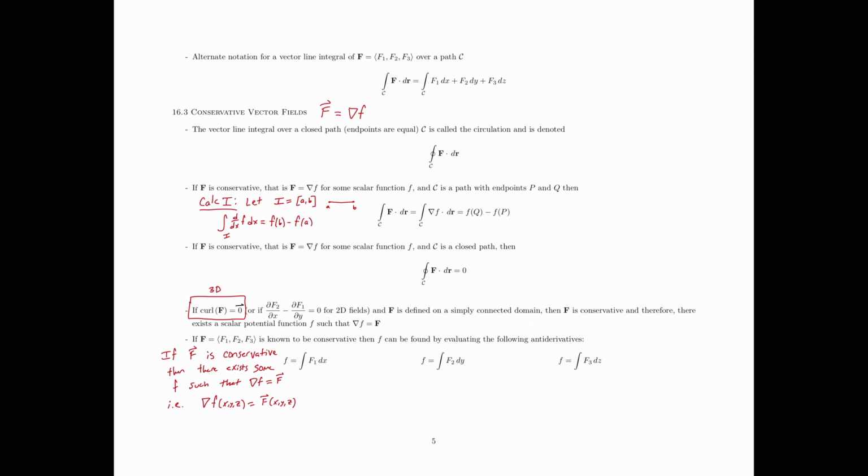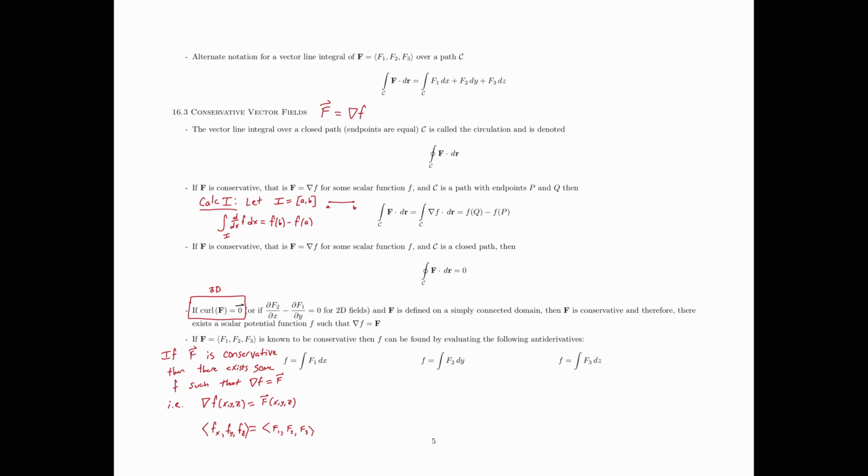So what is the gradient of such a function? Well, let's just continue this equality. Our vector field has components f1, f2, f3, then our gradient here also has 3 components, the x partial, the y partial, the z partial.